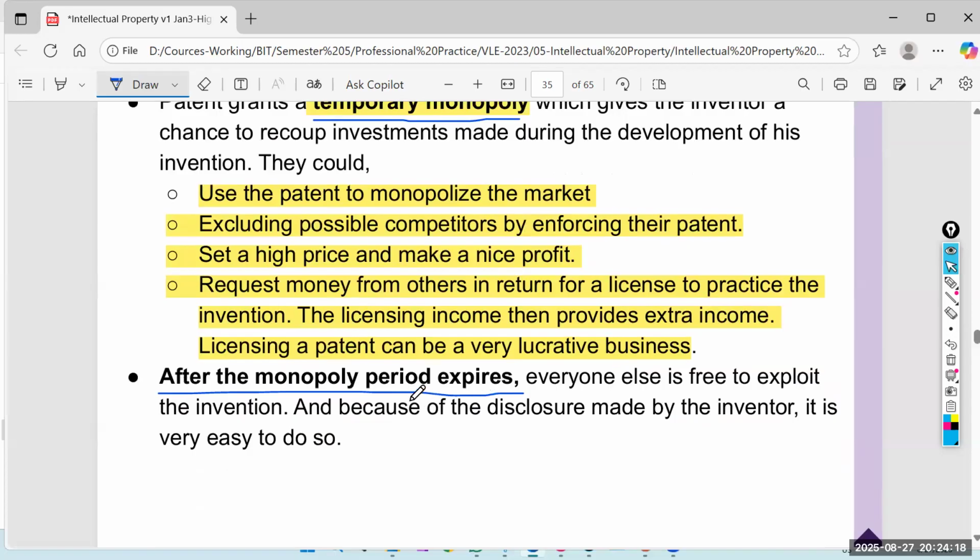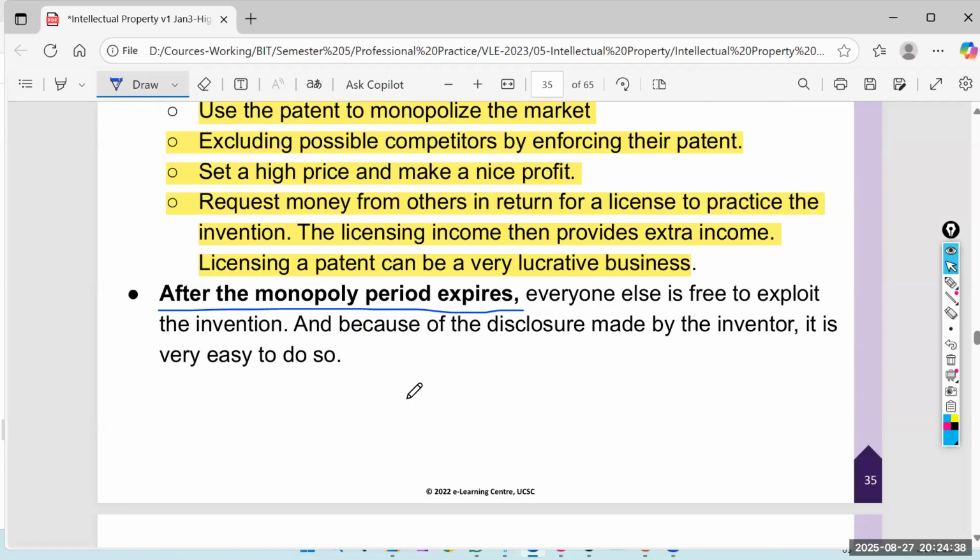Anyone can use your idea, and also you have now disclosed it to the general public or to the relevant authorities. So everyone is free to use your idea competitively. Of course, you can use it, but others also can use it.